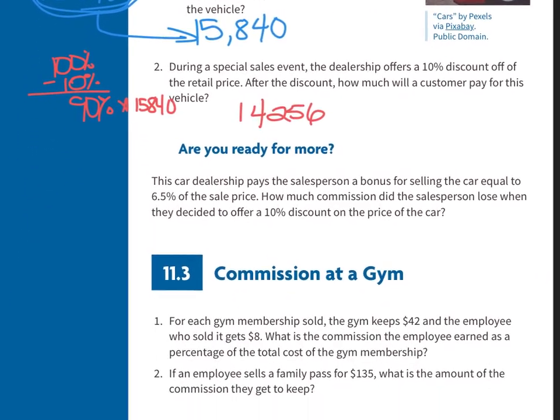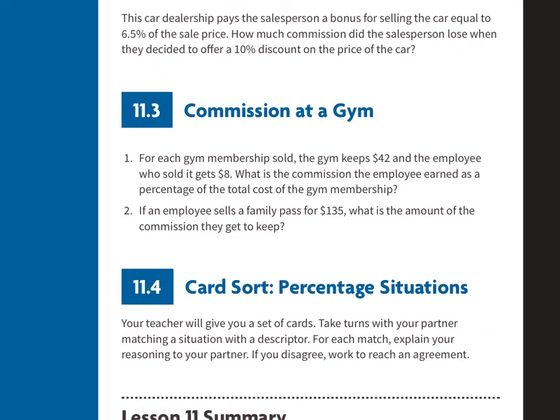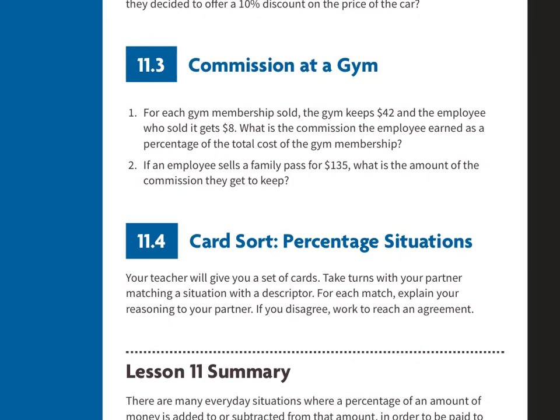Okay, 11.3, commission at a gym. For each gym membership sold, the gym keeps $42 and the employee who sold it gets $8. What's the commission the employee earned as a percentage of the total cost? Well, if the gym keeps 42 and the employee keeps 8, 42 plus 8 is $50.